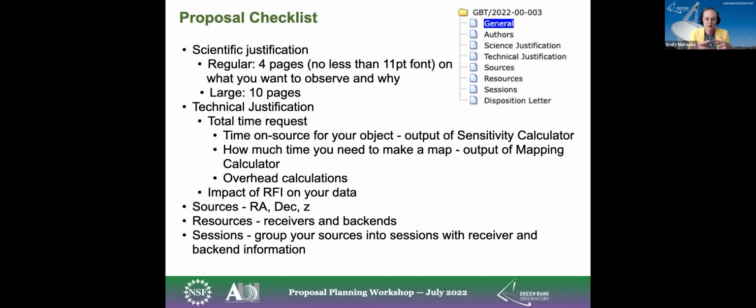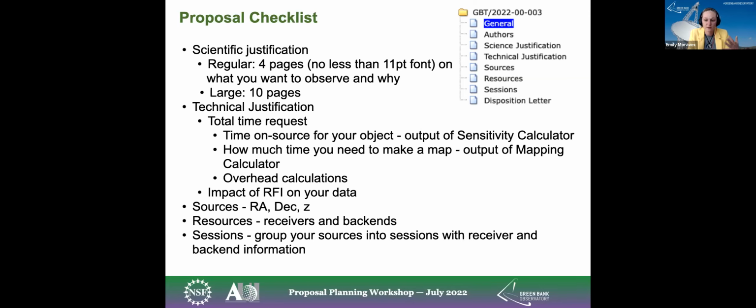You need to justify your total time request, so why you requested the on-source time that you need. And we request that you include the output of the sensitivity calculator in your technical justification. That helps us reproduce your results and say, yes, this person requested the right amount of time.